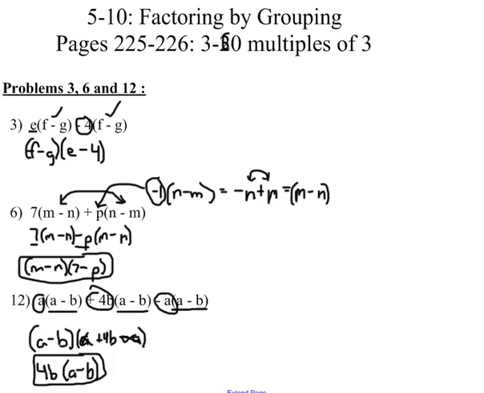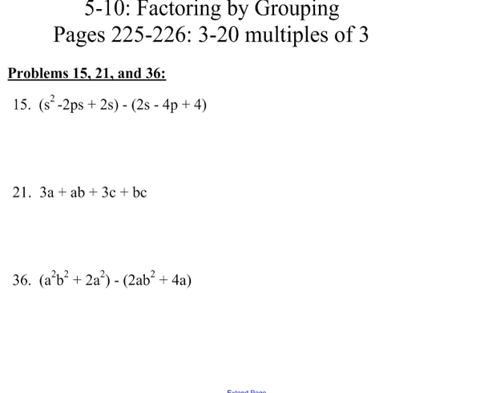Let's move on to problems 15, 21, and 36. Now on problem number 15, what you've got set up is 2 trinomials. What we need to do with that one is factor out anything that's in common. You see we have an s in each term in this set of parentheses, so let's factor out an s just out of this first trinomial.